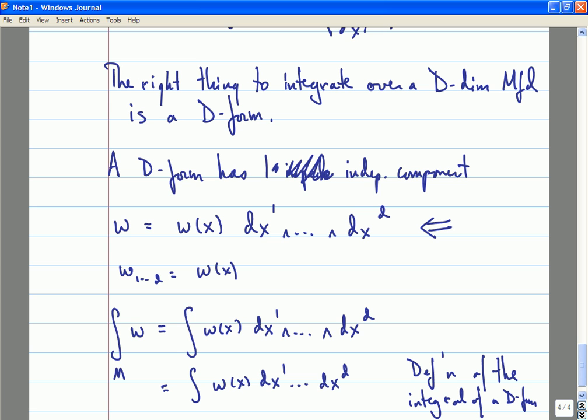So in your multivariable calculus class, when you learned that integrals under a change of coordinates picked up this determinant of the Jacobian matrix, you were secretly learning that the right thing to integrate over a manifold is a D-form, not a scalar. That's what I'm going to show to you.